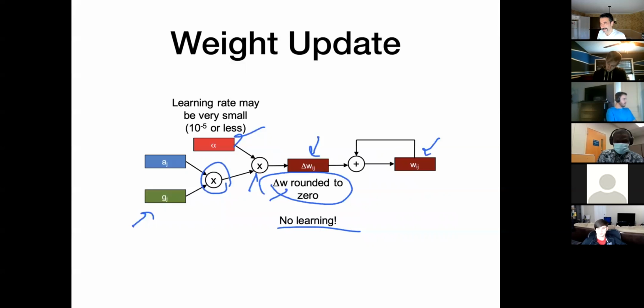You learn nothing from your new examples, especially in the later part, because in stochastic gradient descent, you decrease your learning rate over your training iterations.